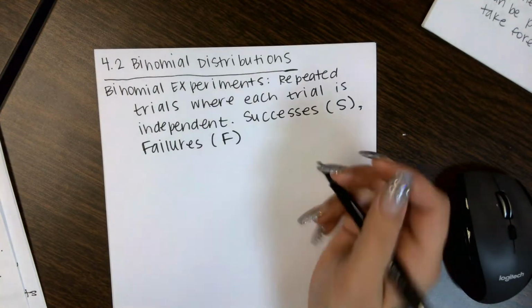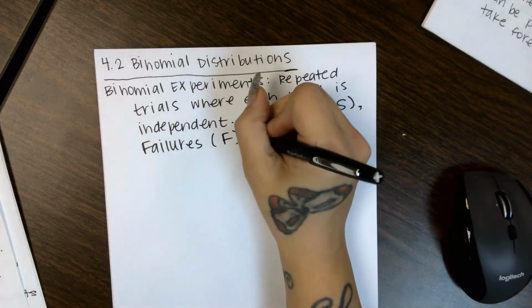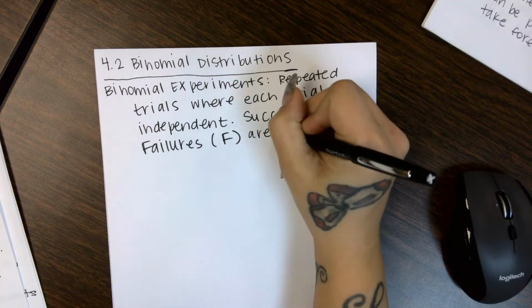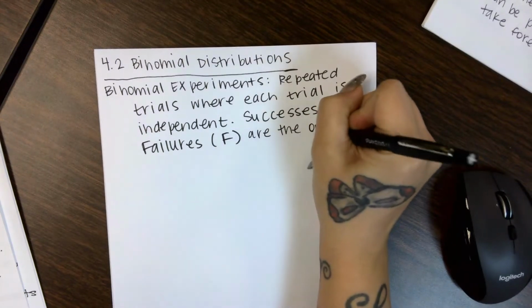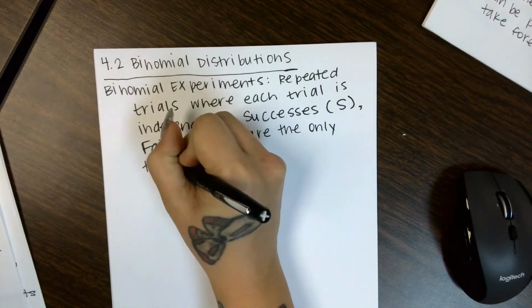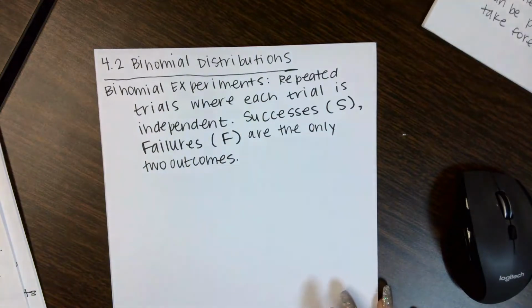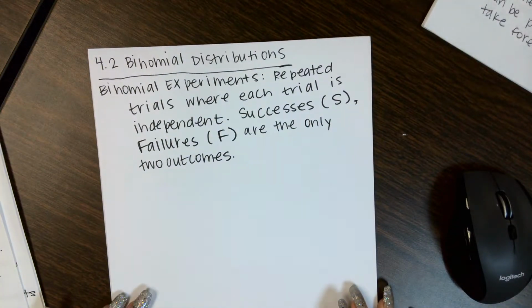Okay, so successes, which is our capital S, and failures are the only two outcomes. Those are the two different things.